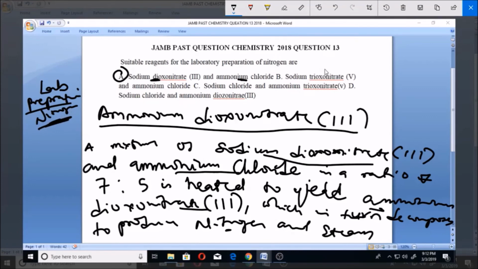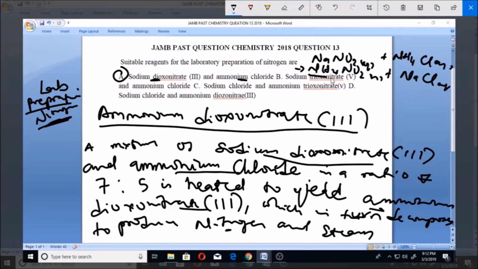In terms of equation, you can have sodium dioxonitrate 3, which is aqueous, reacting with ammonium chloride, which is also aqueous, to form ammonium dioxonitrate 3, which is aqueous, and sodium chloride, which is also aqueous.